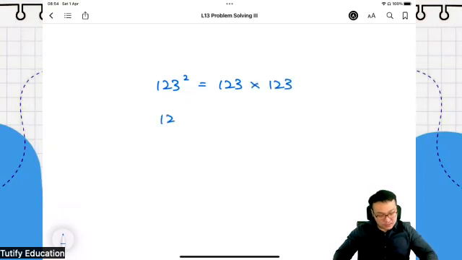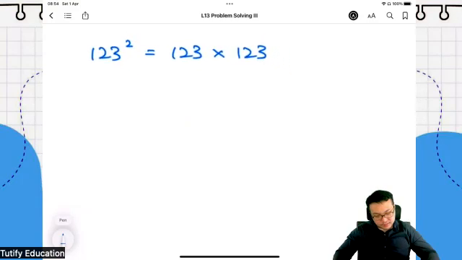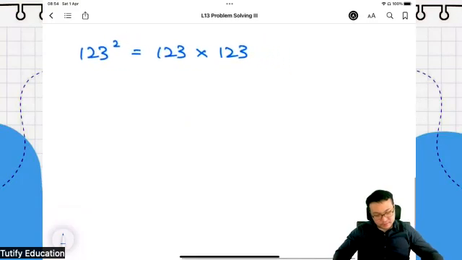Yes. What is the meaning of power of 3? 123 times 123 times 123. Yes, correct. It's multiplied by itself, by the number of times. So 123 to the power 2 means you just multiply the number 2 times. Very good. You are correct.